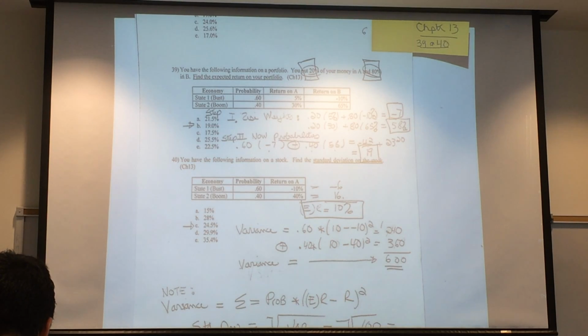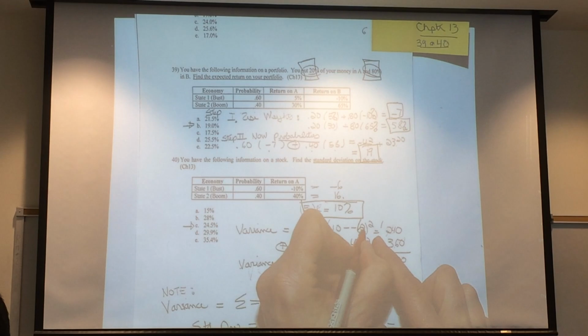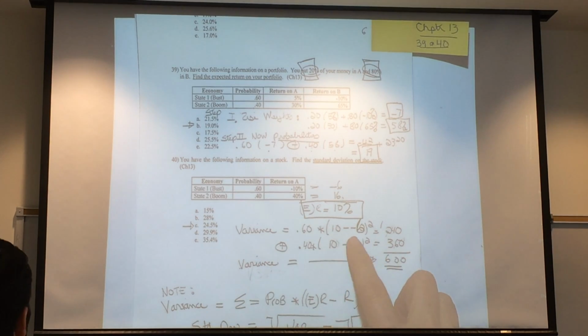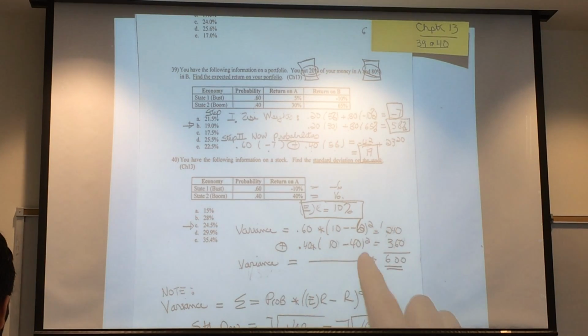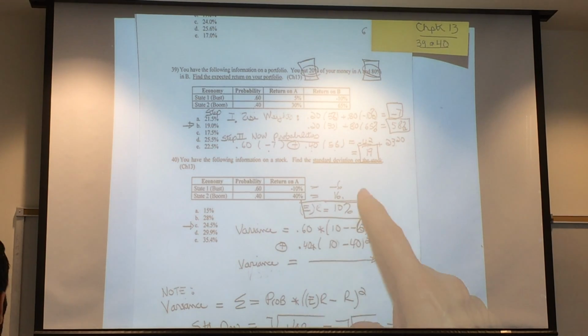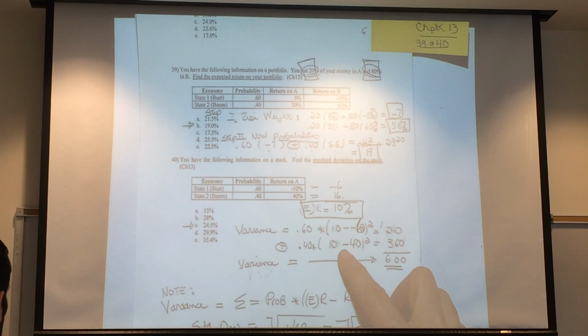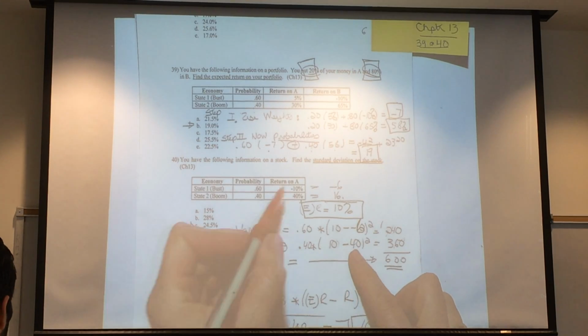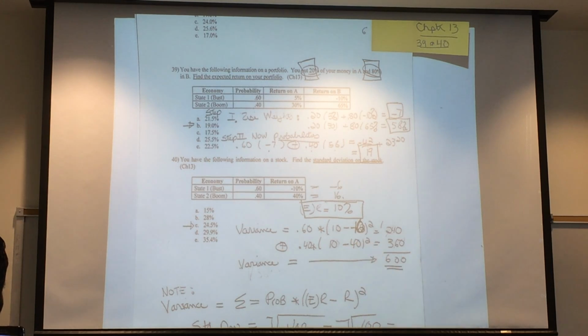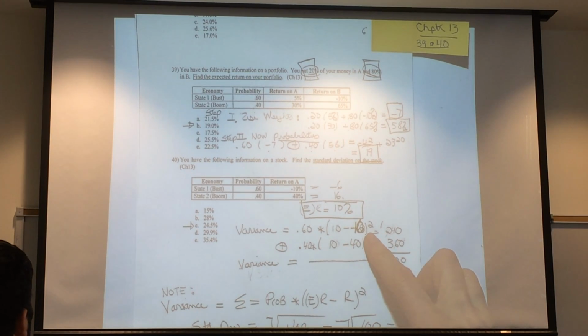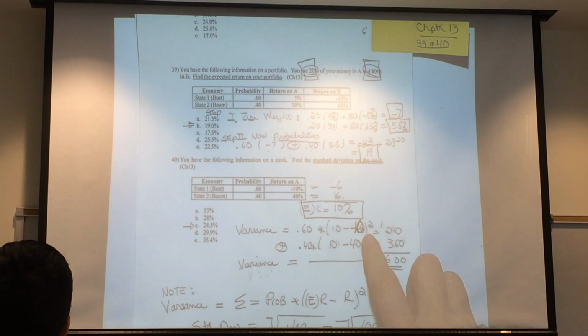Now, how would you figure out your variance? You would take the 10%, minus the -10, square it, multiply it by the 60%, and you do the same thing for the 40% state.